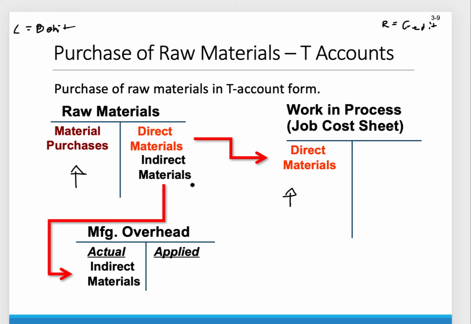The credit side, or the right side, is our decrease. And then remember, overhead, the left side is the actual cost that we incur. The right side right here, or the credit side, this is what's applied. This is where we use the predetermined overhead rate.